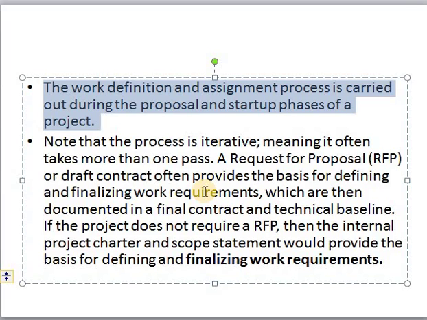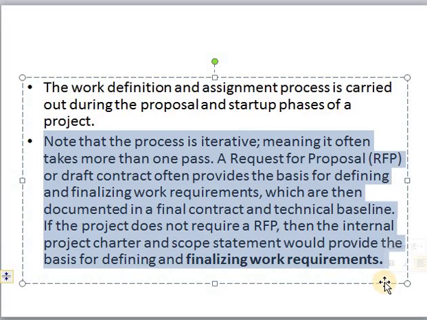In the start of a project, we need to define the type of the work that we need to perform, as well as assign these tasks to the key responsible people for the effective completion of the project. Note that the process is iterative, meaning it often takes more than one pass.